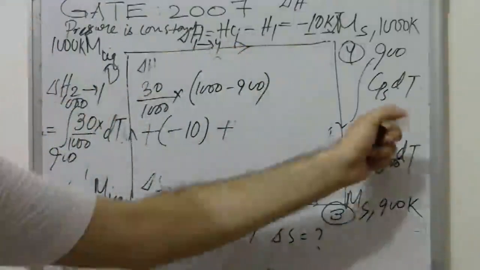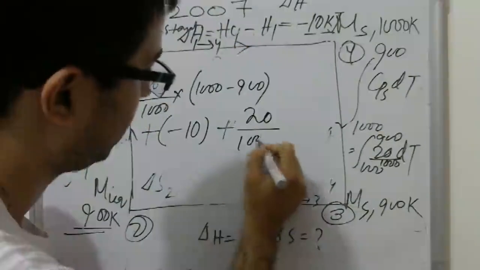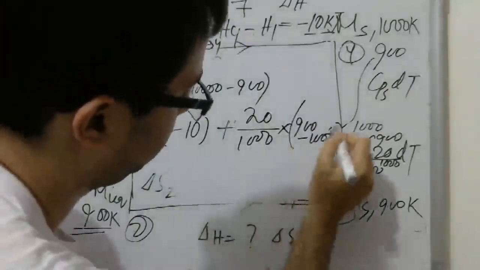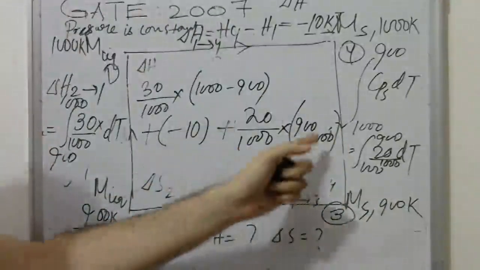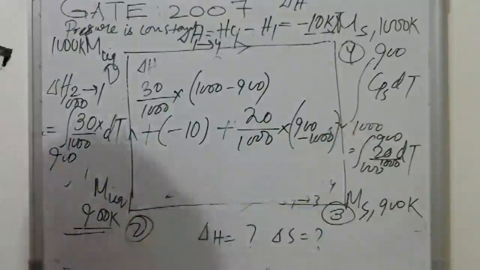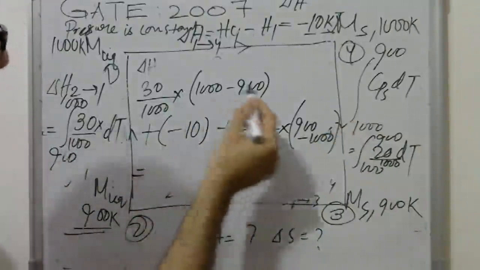Now for this Cp solid, how much is this? 20 by 1000 into 900 minus 1000. Right? 20 by 1000, it is in kilojoule. 900 minus 1000 K. So if I do the calculation, how much will it be? It will be, see, it's 100.